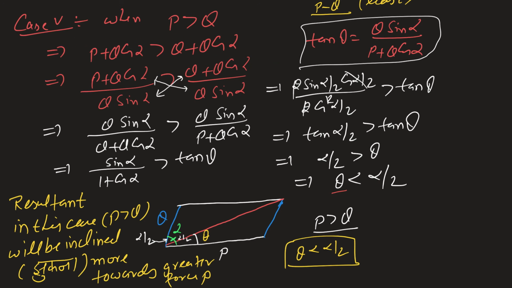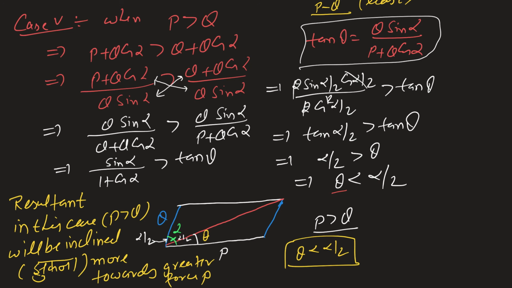So this is all I have from this lecture. In this lecture we have studied and determined the resultant of the two forces acting at a point, and also studied the different cases.